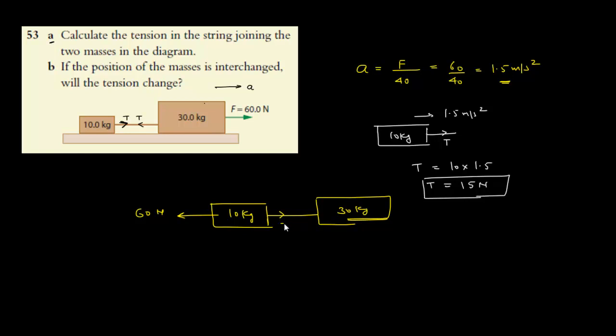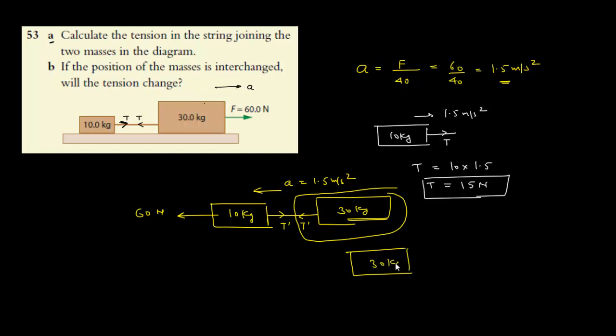Now let the tension be T dash. In the same manner we will find the common acceleration, and that is again the same, 1.5 meter per second square, because the mass of the system has not changed and the external applied force is also the same, so the acceleration remains the same. Now in order to find this T dash, I will consider the free body of the 30 kg block, which is moving with an acceleration of 1.5 meter per second square, and the only force acting on this mass is T dash.